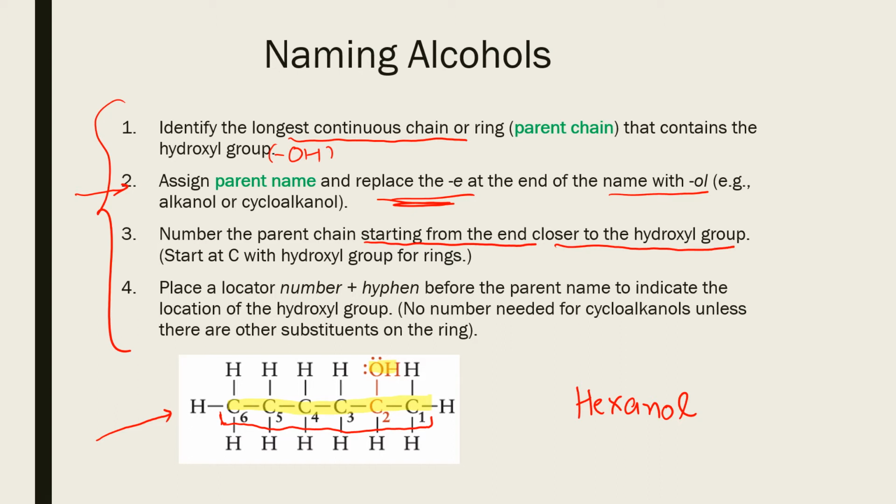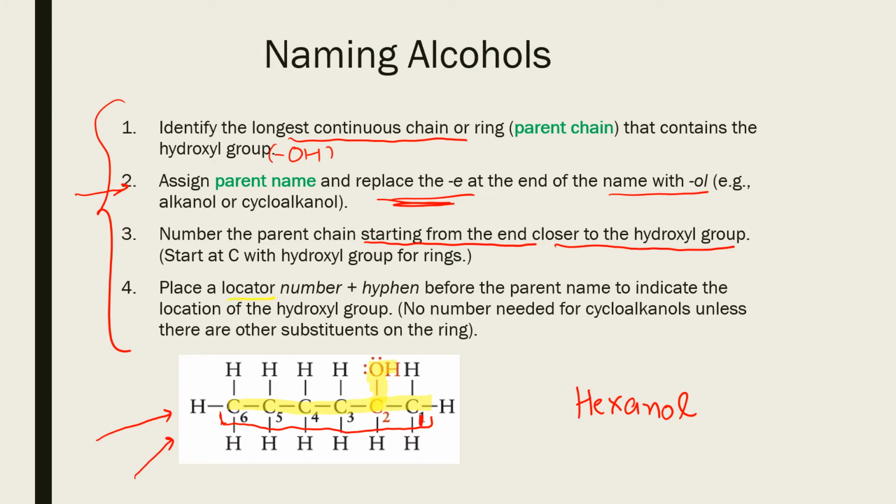In the example shown in this slide, the hydroxyl group is closer to the right hand side, so therefore we will number from the right hand side. So this would be number 1 carbon, number 2, 3, 4, 5, and 6. While we number it, we can see that the hydroxyl group is connected to number 2 carbon. So therefore the locator number for the hydroxyl group is number 2.